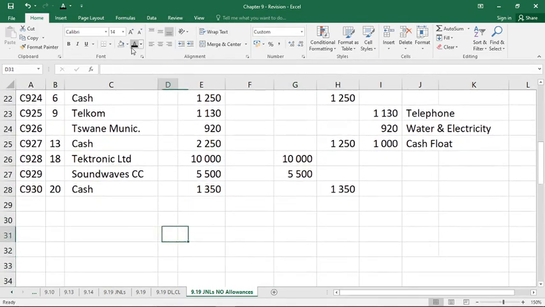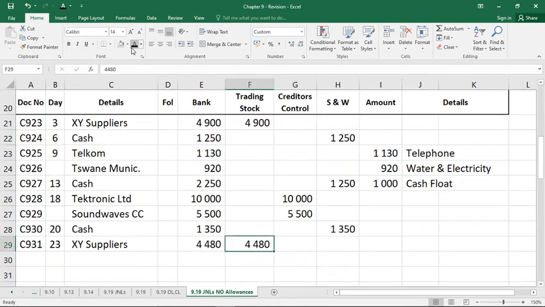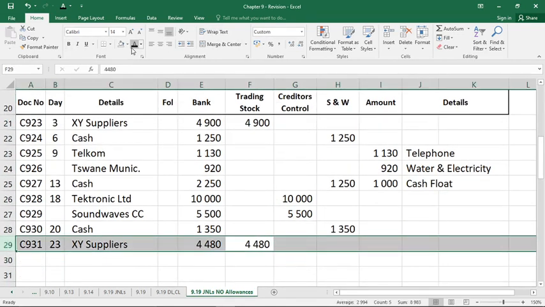We are buying it from XY suppliers there on the 23rd. It's not going to be 5,600. If you take away 20%, it's 4,480. We are buying stock. So where's my stock column? It's this column here. And there is the purchase, and there is the line done. We do not need to process the discount. It's their problem to process, not ours. Okay, so we only just processed 4,480, and that's all.